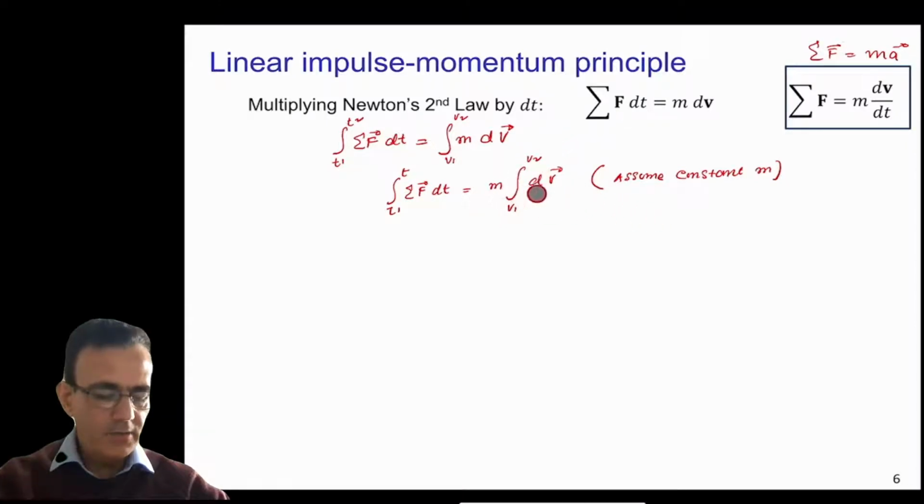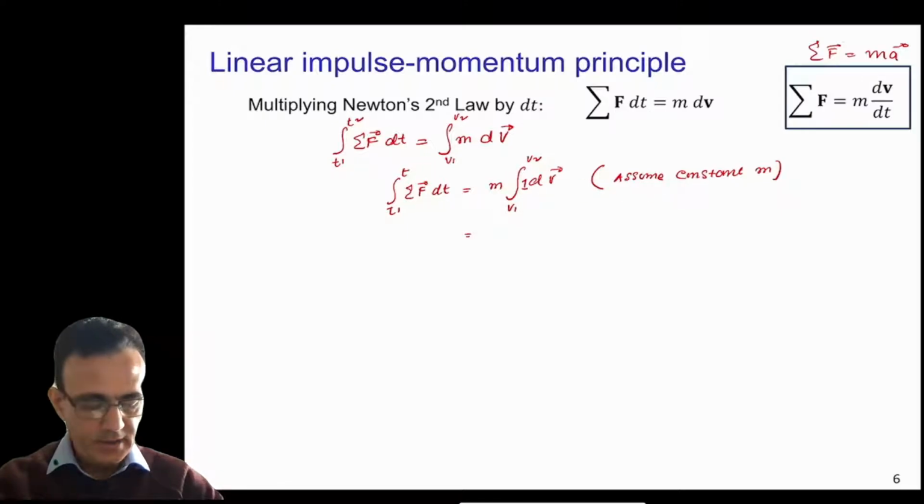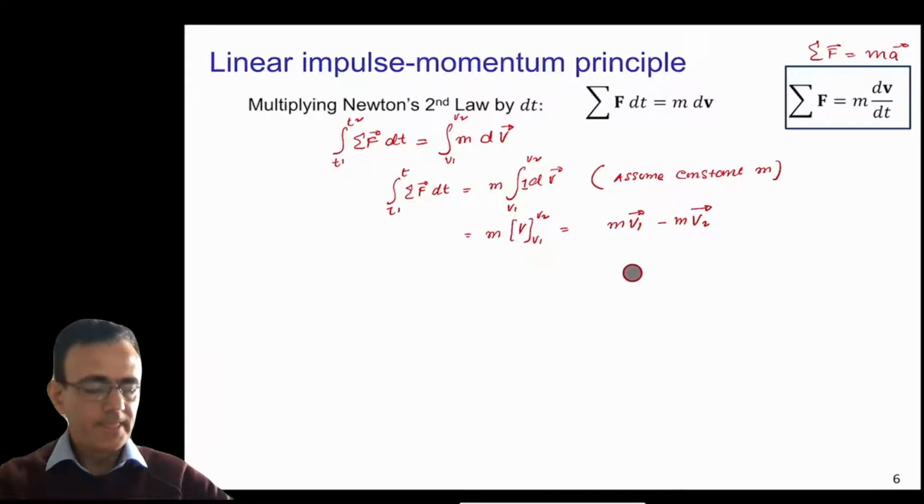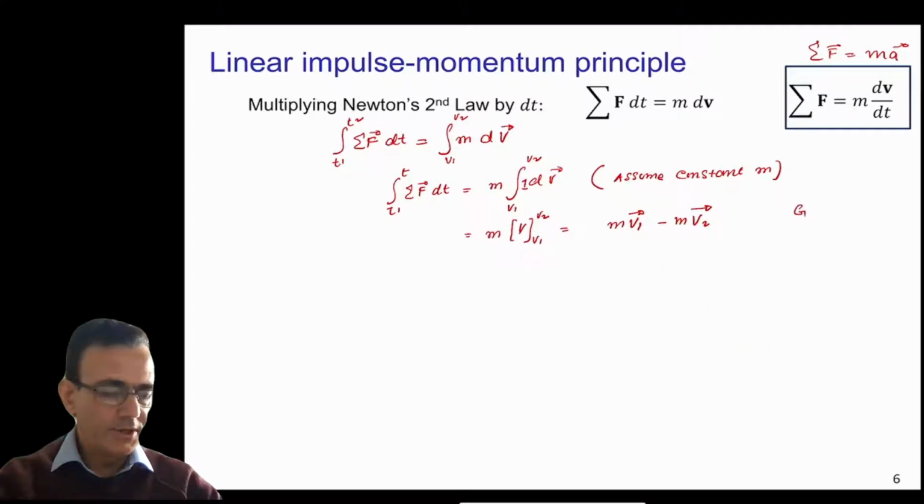Now it is just a simple integration of 1 here, because there is just 1 here. So you can write this as v, with the limits of v1 to v2, which will become mv2 minus mv1. Okay, and now we already know that G, which was our linear momentum, was equal to mv. So the mass, when you multiply with the velocity, you gets the linear momentum.